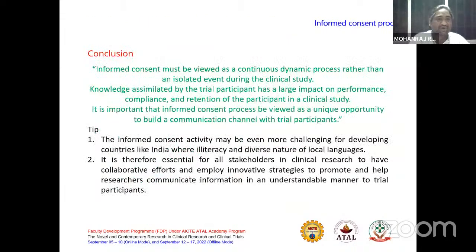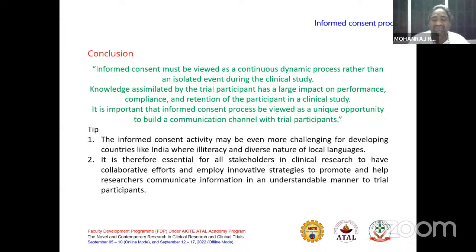If these things are followed, I think informed consent will be a continuous dynamic process rather than an isolated, one-time event in clinical research. The informed consent process must be one where knowledge acquisition built on better understanding and the best retention capacity is the basic objective of a meaningful, better informed consent process.